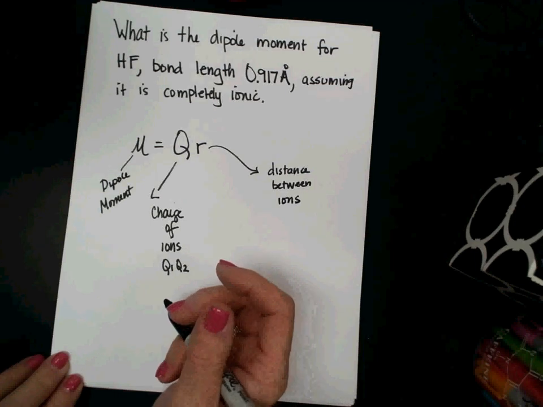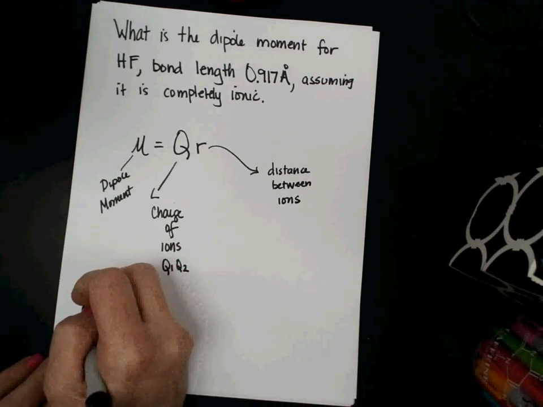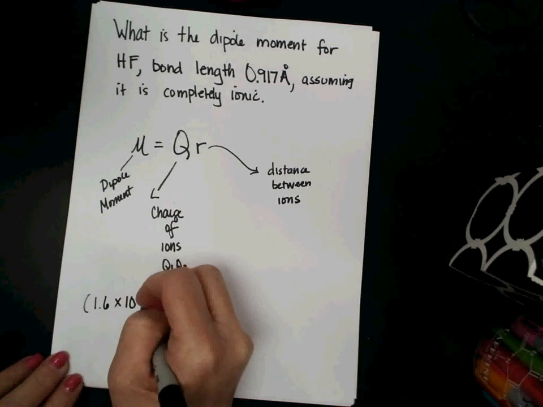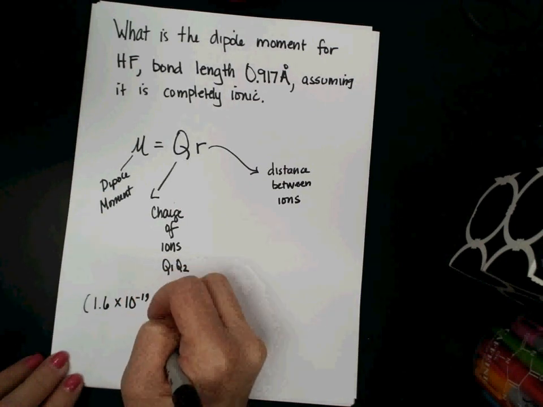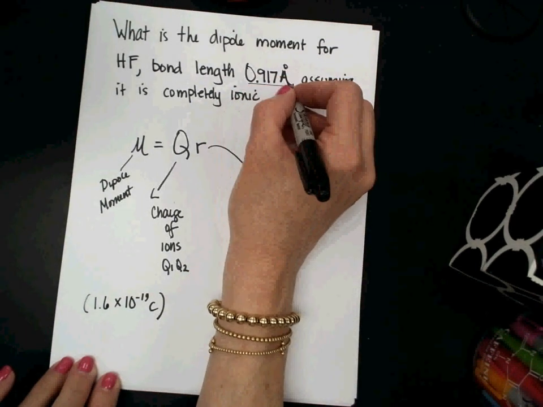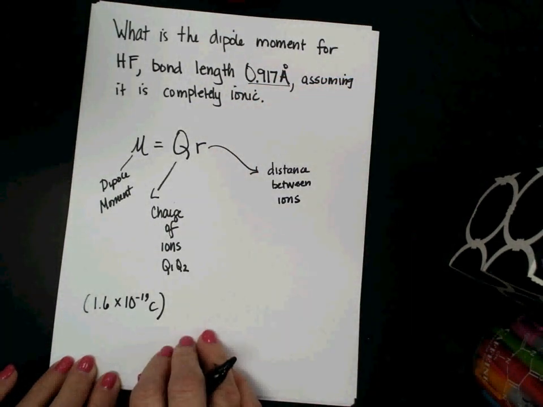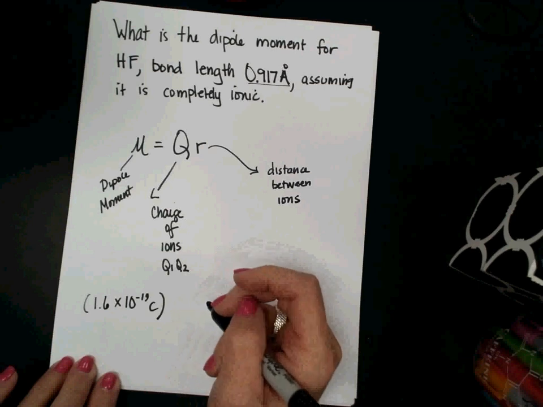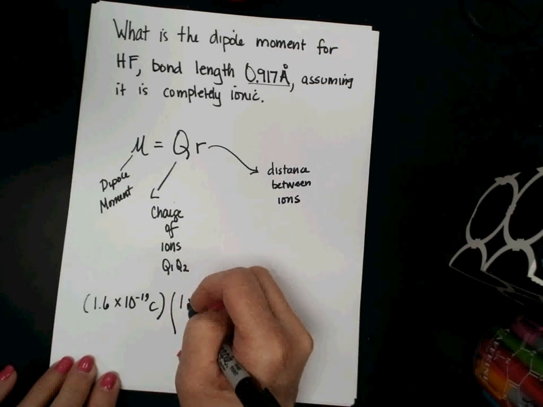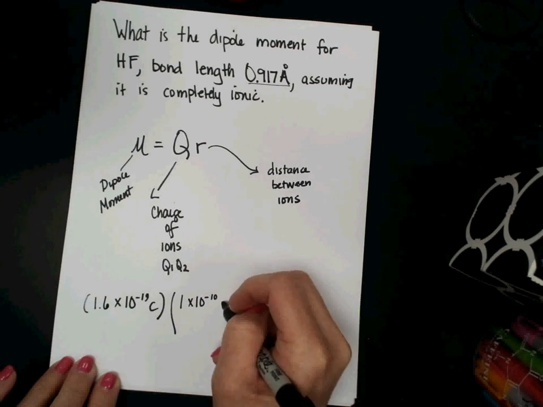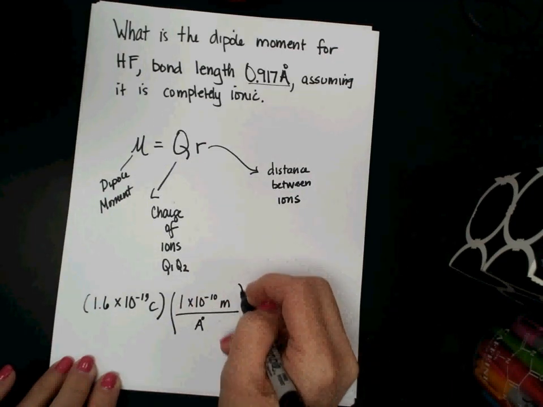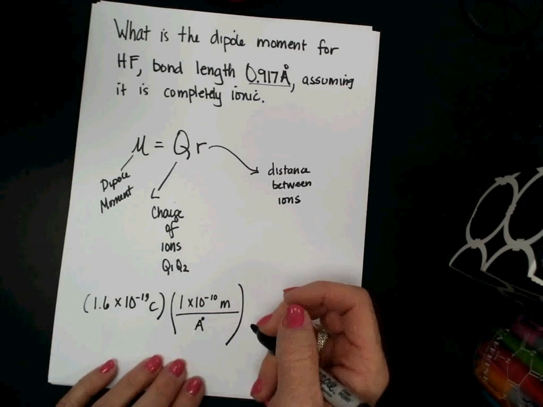So we start with our electrical charge, the 1.6 times 10 to the negative 19th coulombs. And I have a distance up here in angstroms, so I also have to deal with that. I have to get from angstroms to meters. So I'm going to do my 1 times 10 to the negative 10th meters over an angstrom, because that's my equivalency factor. And then I was given a distance.